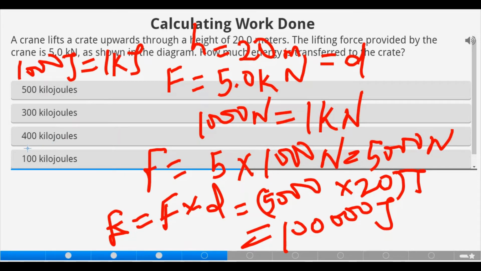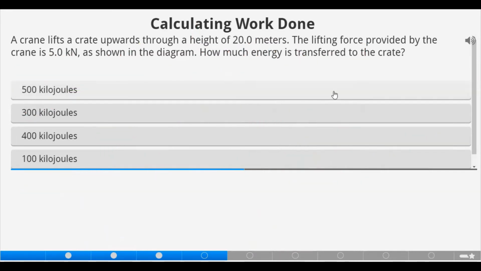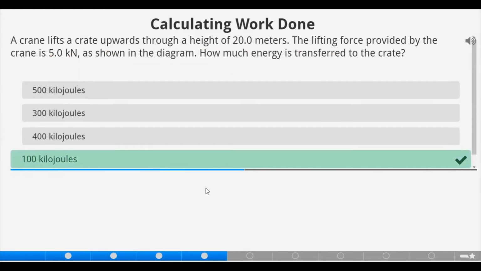So 100,000 joules will be 1 over 1000 times 100,000 kilojoules. So this cancels this. So our answer now is 100 kilojoules. Let's pick the answer and see. That is correct.